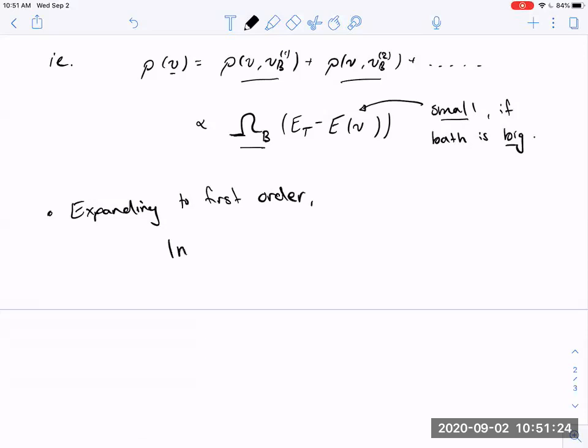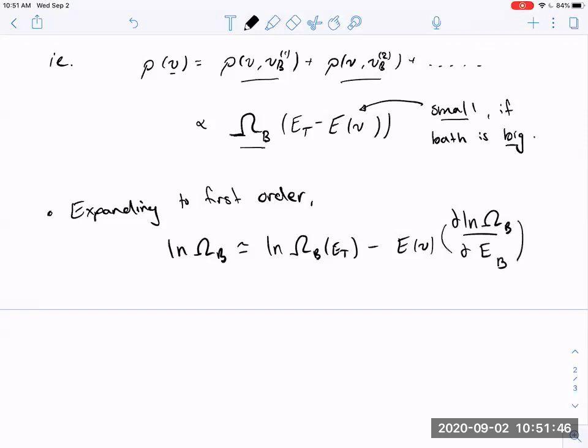We have that log omega b is equal to log omega b at the total fixed energy less the energy of the system times how the number of states in the bath change with its energy, plus higher order terms, but that expansion is rapidly convergent if the bath is really large.